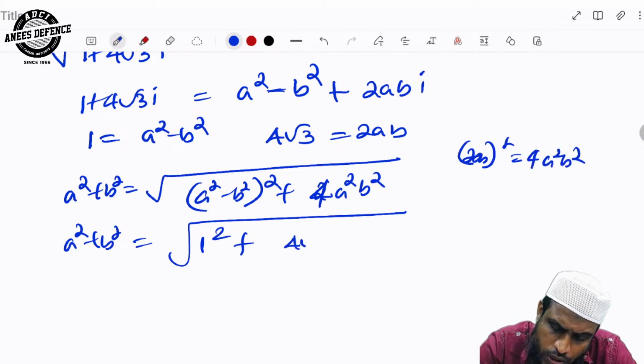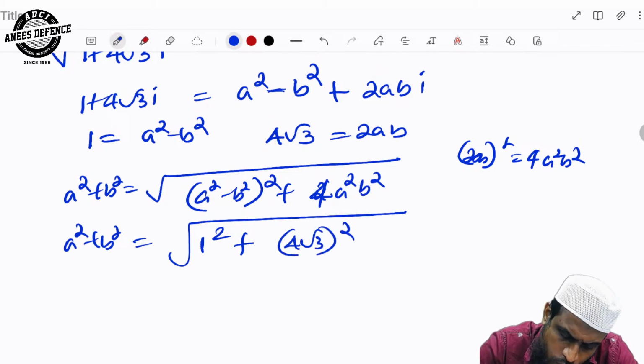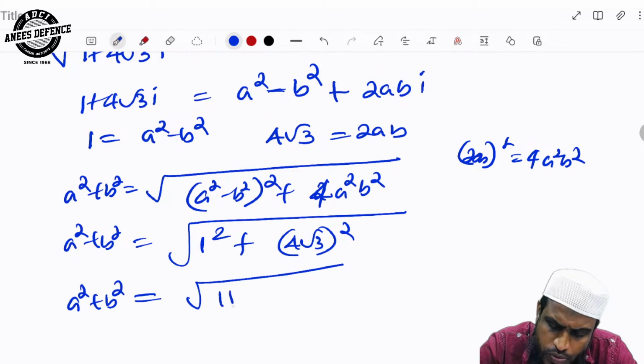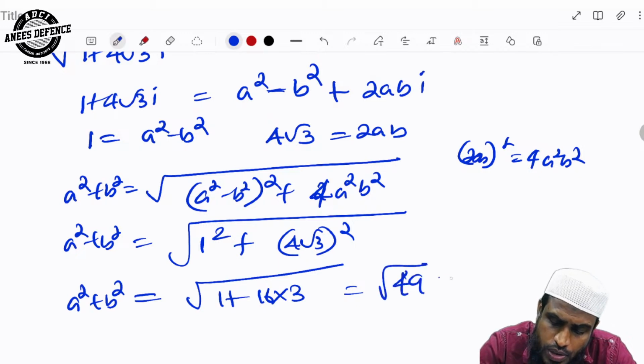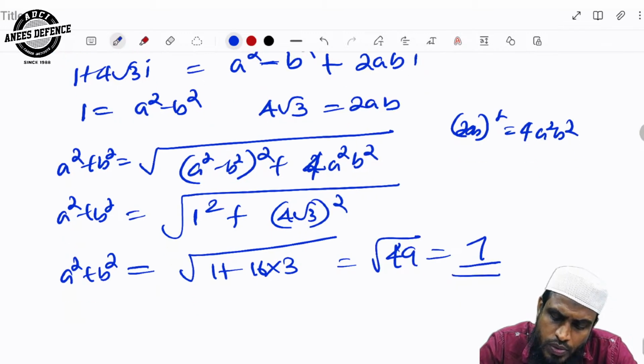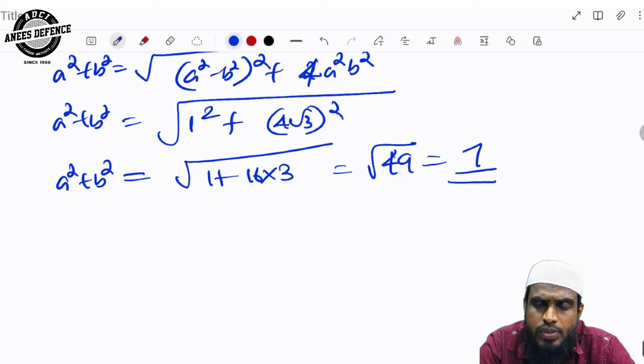So 4 root 3 the whole square. So a square plus b square is equal to 1 plus 4 into 4, 16 into 3, 48. 48 plus 1, 49. So a square plus b square is 7. So no need to take negative because a and b.